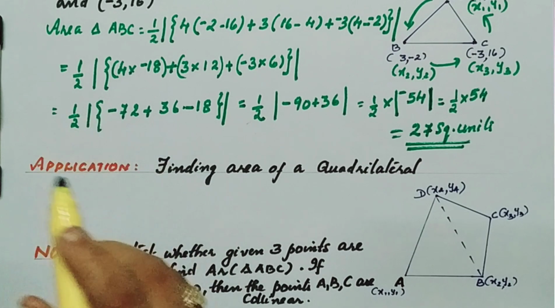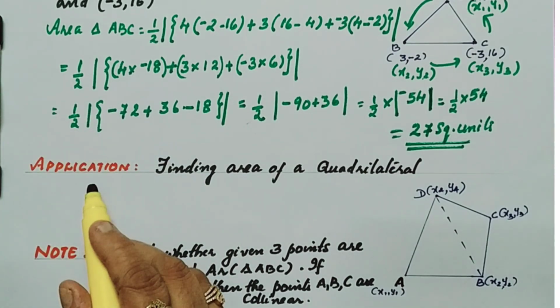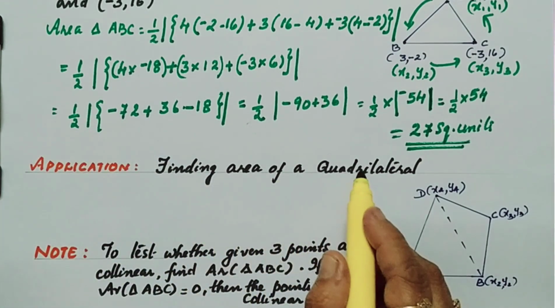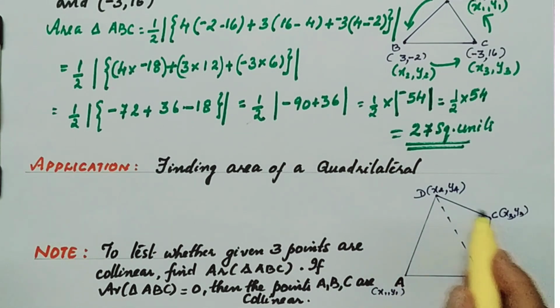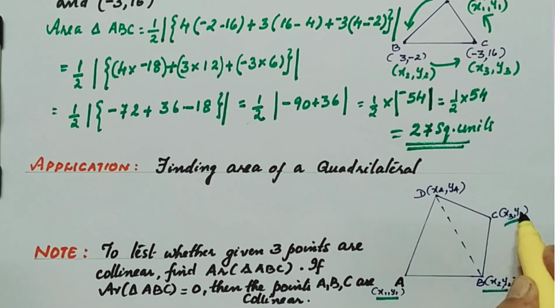The application of the area of a triangle formula is finding the area of a quadrilateral when 4 vertices are given. So to find the area of a quadrilateral with vertices x1, y1, x2, y2, x3, y3, x4, y4, we need to draw a diagonal connecting either BD or AC.